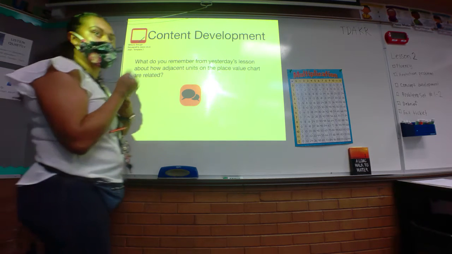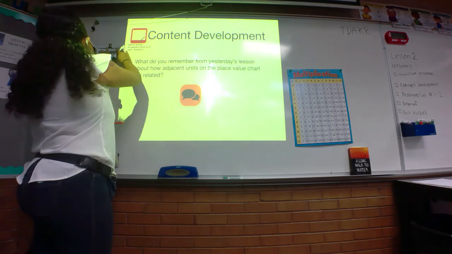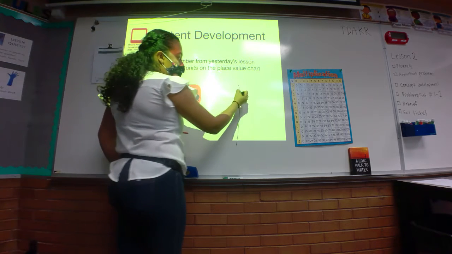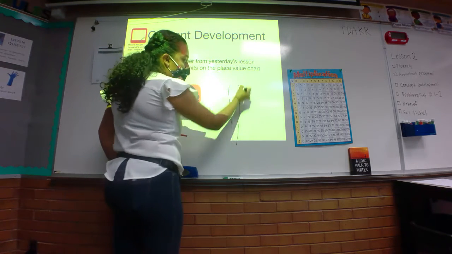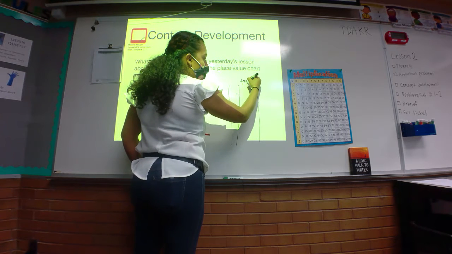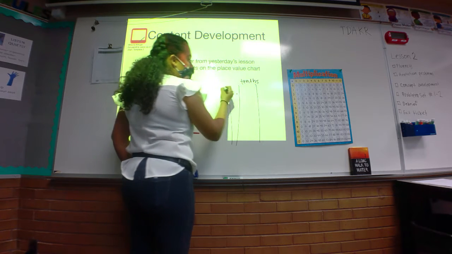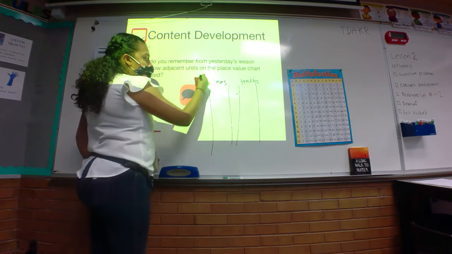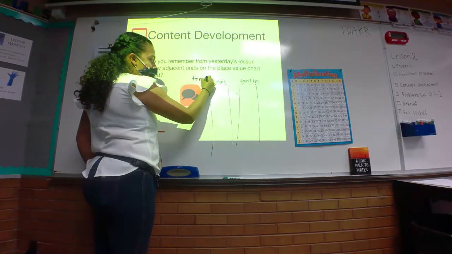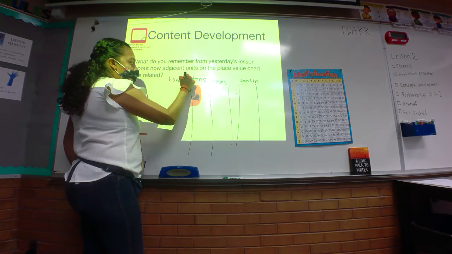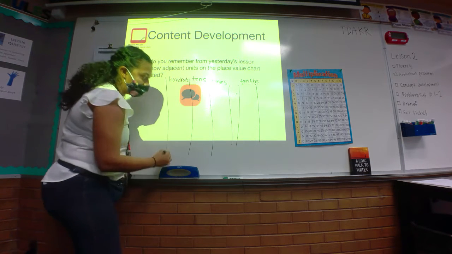Okay, so when we're thinking about our place value chart, we have our decimal, we have the tenths, we have the ones, we have the tens, the hundreds, and I'll stop right here.